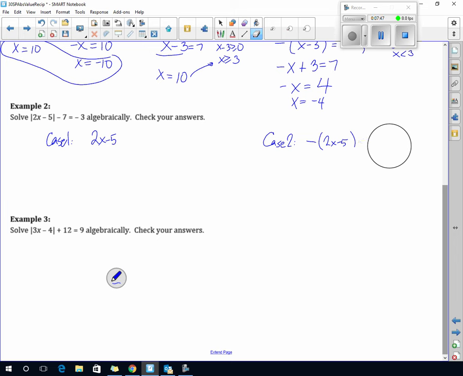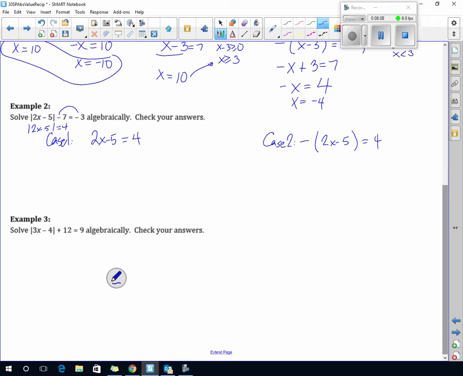So in this case, 2x minus 5 equals 4. And in this case, negative bracket 2x minus 5 equals 4. Does everybody see what I did? Okay. Get the absolute value by itself first. It's just easier. Then you're not switching all the signs on the left-hand side. That's where I'd see you making a mistake.